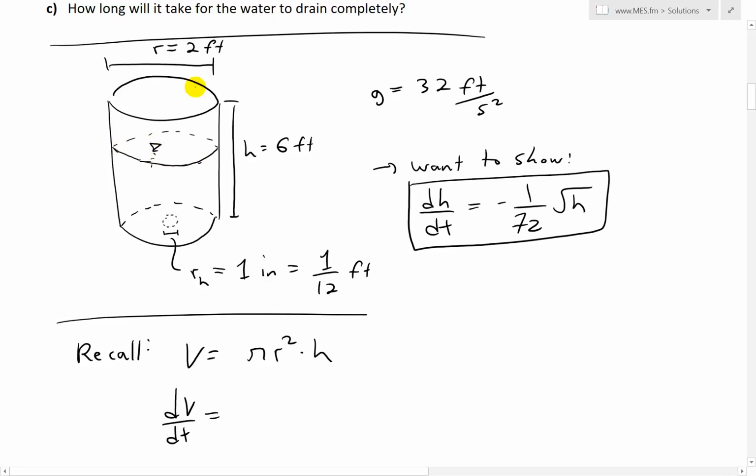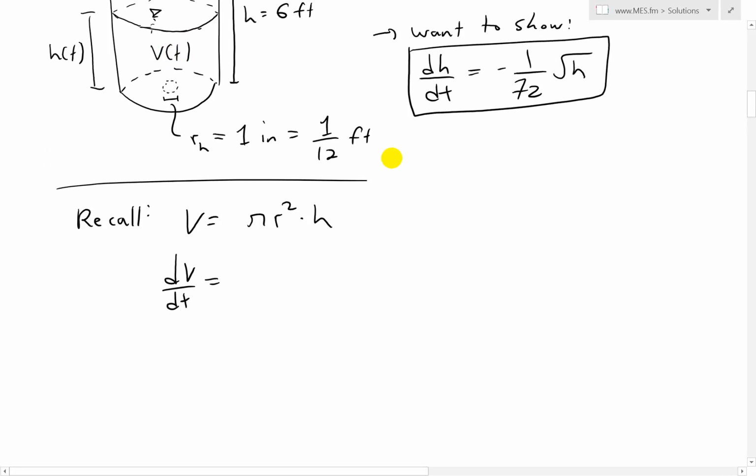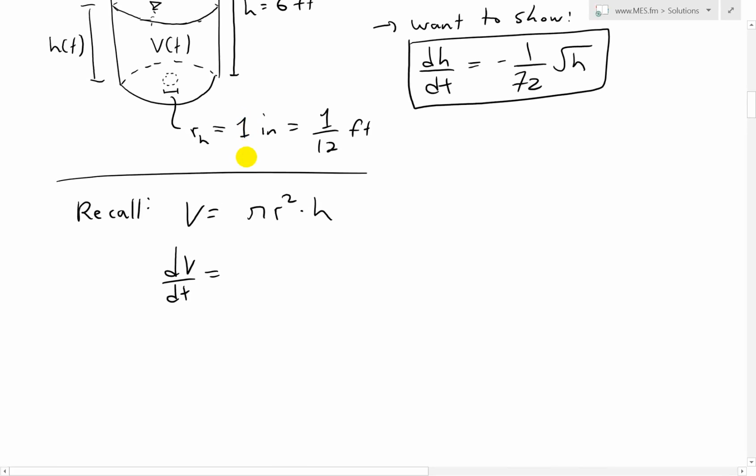This water always has the same radius. The height changes, so let's write h of t like this. The height changes, the volume changes as well, but the radius is always constant. So the derivative in terms of time is just all constants, pi r squared, and h is a function of time, so we take the derivative dh over dt.